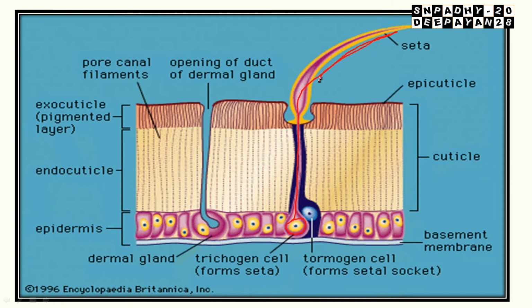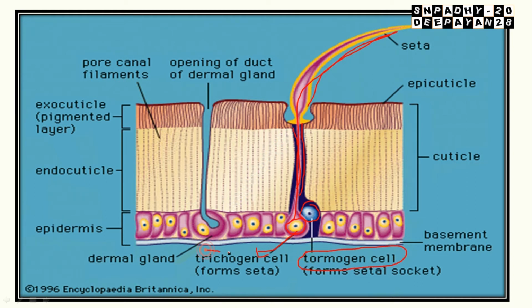Some outgrowth is coming from this dermal gland, which is called what? Trichogen cell. And here one more will be there at the back side. They are forming the socket. This cell is called what? Tormogen cell. This one is important.